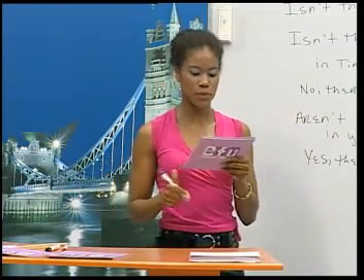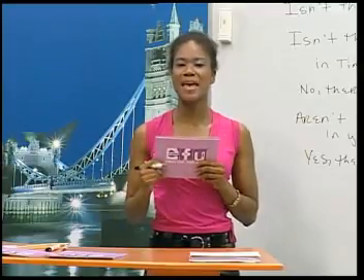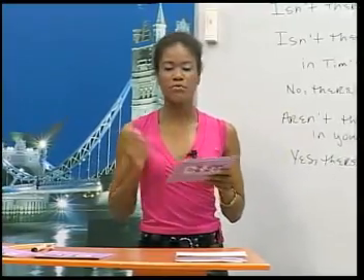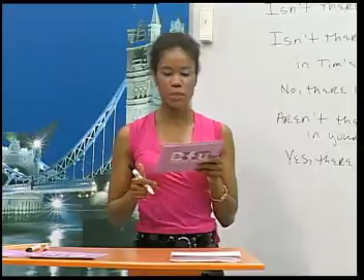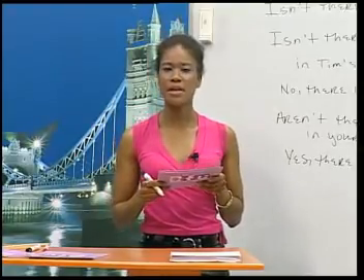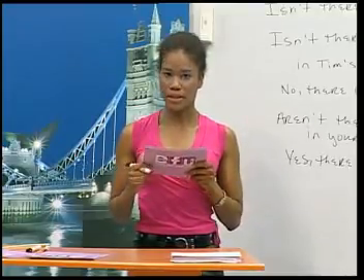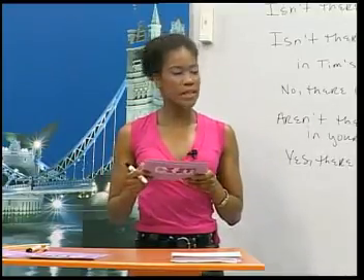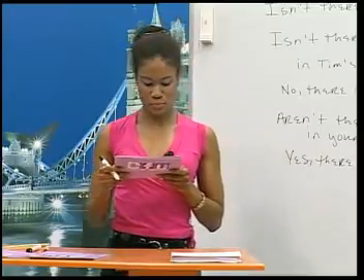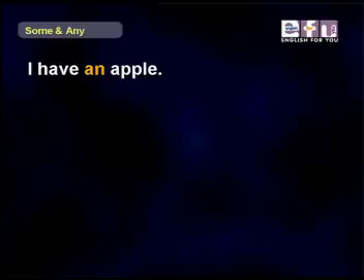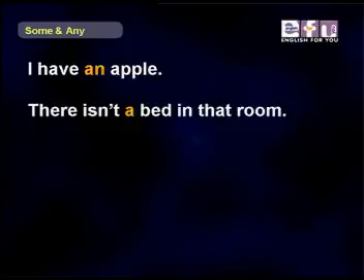Now we will review some and any. Before we do this, let's quickly review count and non-count nouns. Take a look on your screen. Let's look at these sentences. First, I have an apple. Next example.